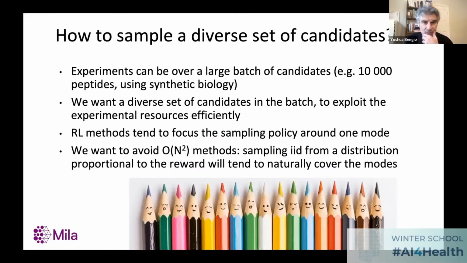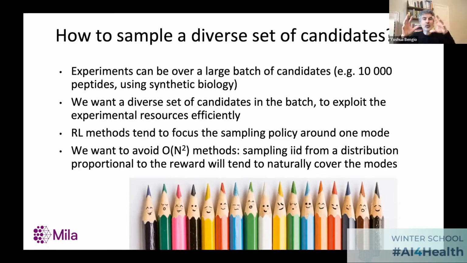Okay, let's go back to diversity. The basic tool we're going to use first for diversity is very simple. It's sort of the magic of IID sampling. What we want is our generative model to produce a distribution that is as spread out as possible, that has high entropy, that covers all the potential interesting places.